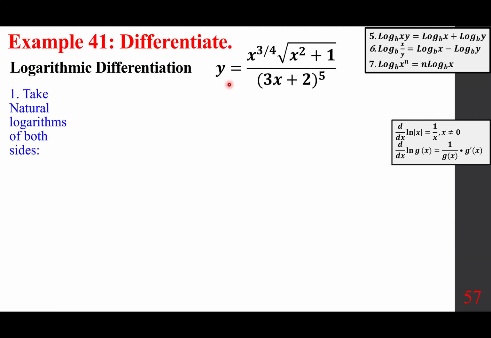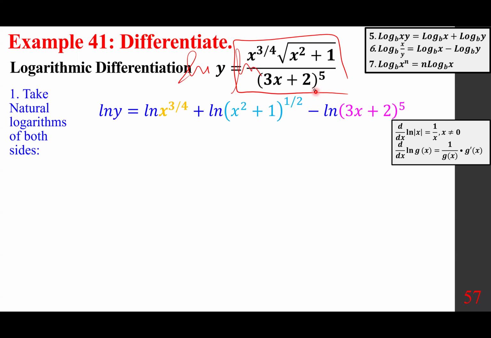So if I take the natural log, the left side becomes ln y. What happens to the right side? We can cut it into pieces: ln of the top minus ln of the bottom. Ln of the top is ln of this piece plus ln of this piece, and then minus ln of this piece.